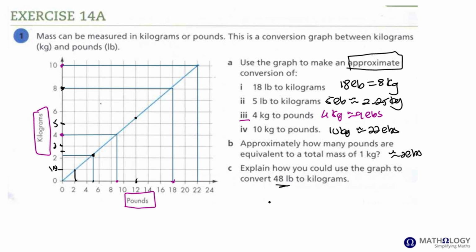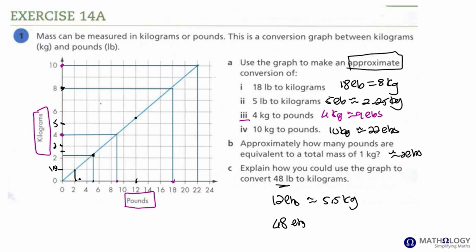We're looking at about 5.5. So 12 pounds is approximately 5.5 kilograms. What we're going to do now is to extrapolate this, we're going to go from 12 pounds to 48 pounds.